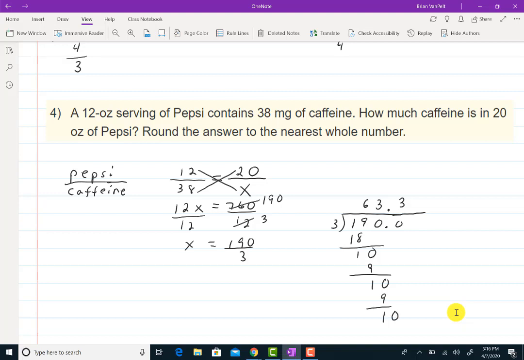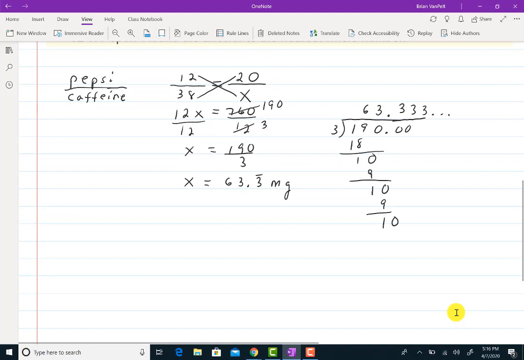And you can see that as we bring zeros down, I'm going to keep getting a collection of 3s. So my answer is actually 63.3 with a bar over it milligrams. That there is an exact answer to the problem.